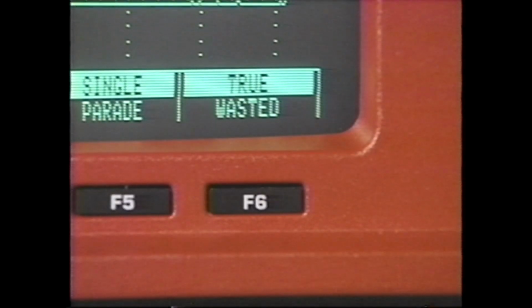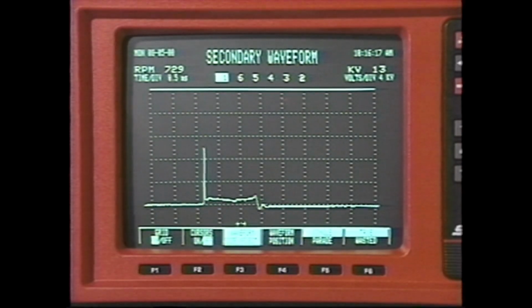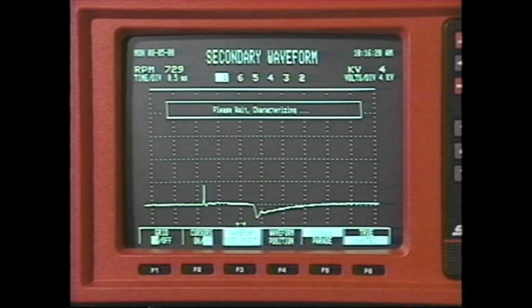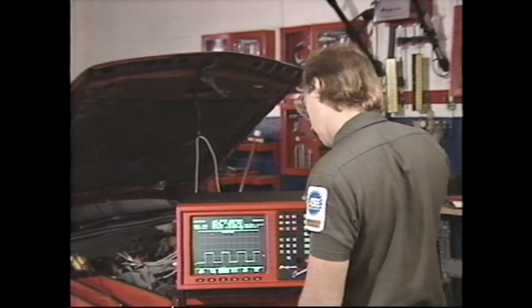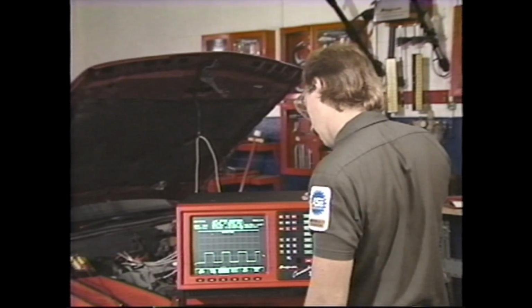The true/wasted key will let you toggle between the waveforms of the cylinders with true firings and wasted firings. If you suspect a problem in the primary circuit, use the lab scope screen to check primary triggering signals. Now, let's see how these screens work together to help you diagnose an ignition problem.